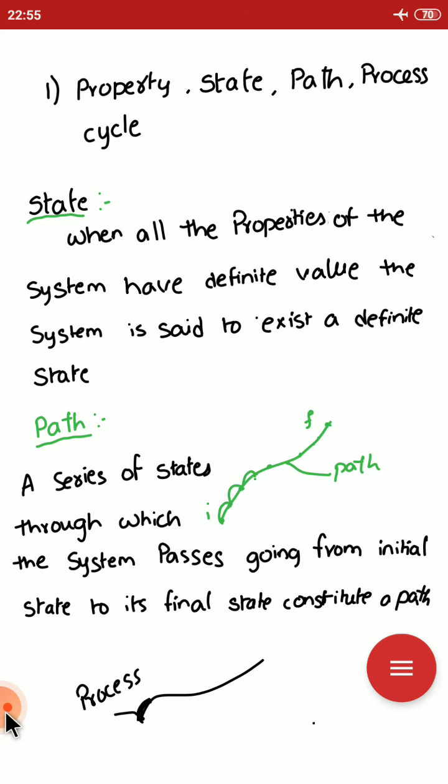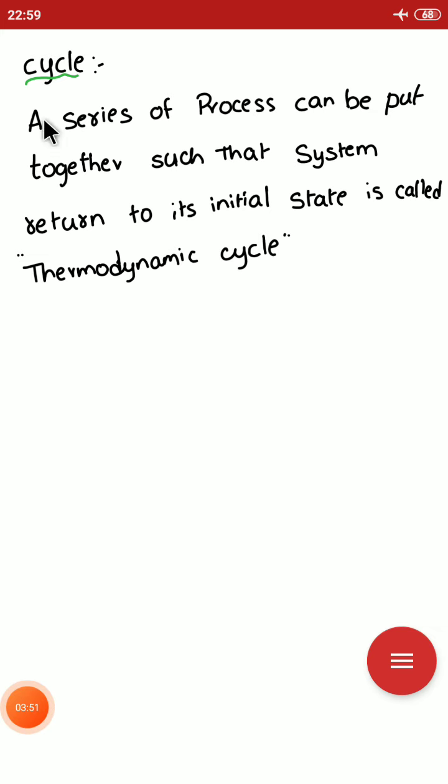Next, we see the cycle. Okay, next basic term is the cycle. A cycle is a series of processes put together such that the system returns to its initial state, called a thermodynamic cycle. Okay, this is a process and the system changes its state through a process from state 1 to state 2.